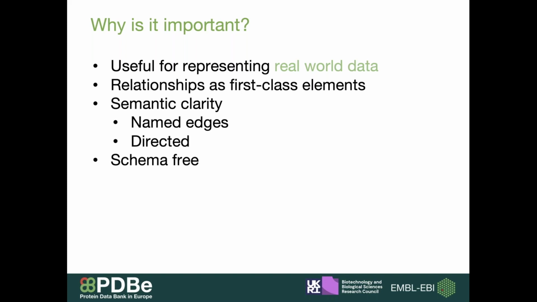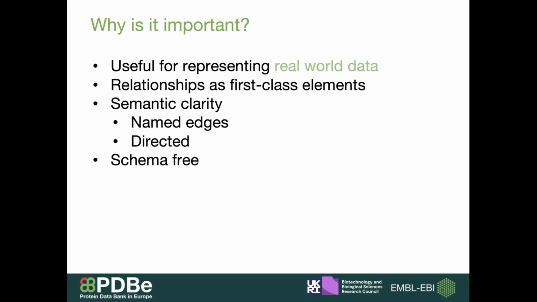Why are graphs important? Today's data sets have complex relationships. So relationships are equally important as the data itself. Considering relationships as first-class elements helps in fast querying of patterns in a vast array of data.